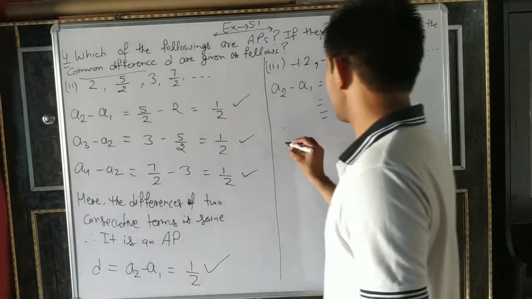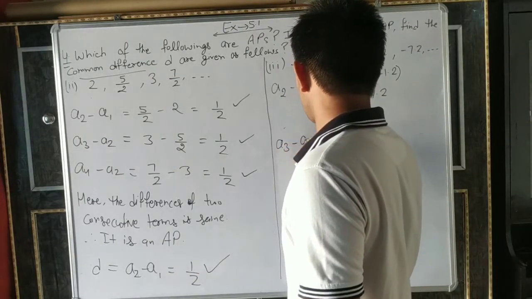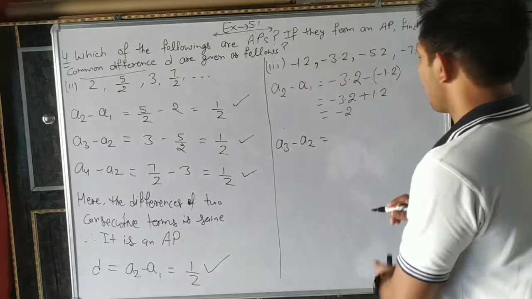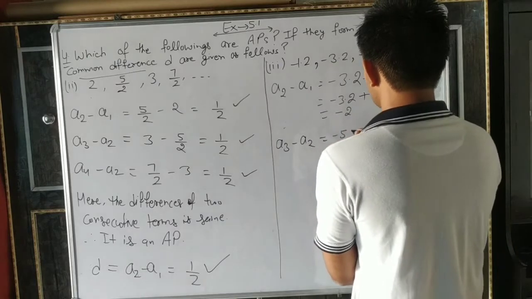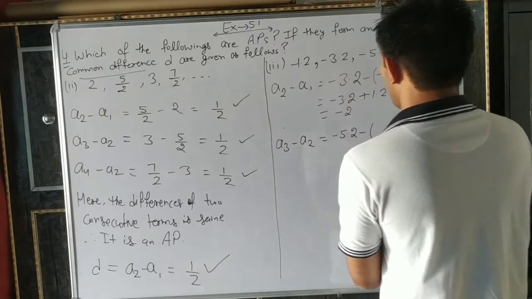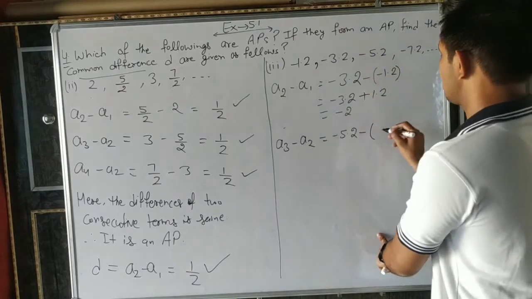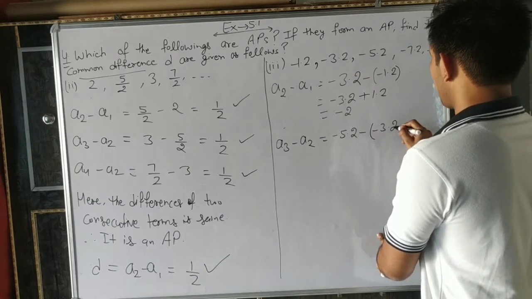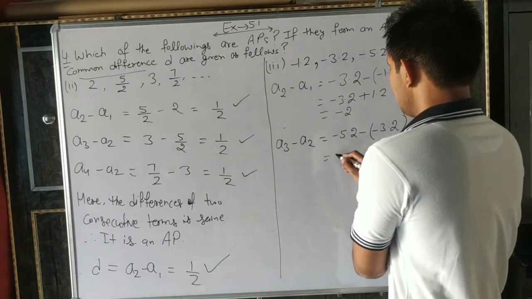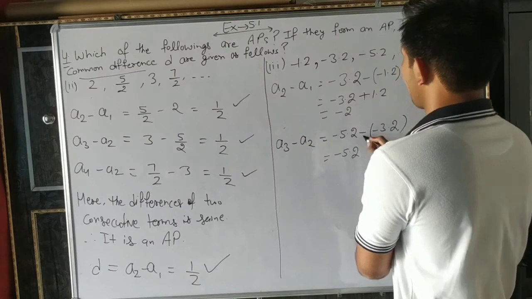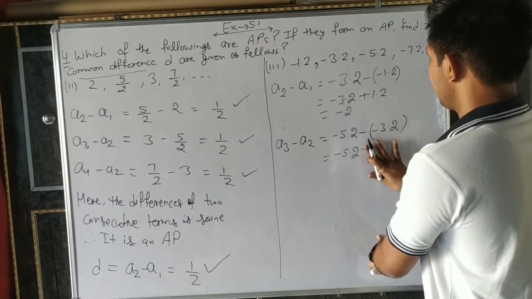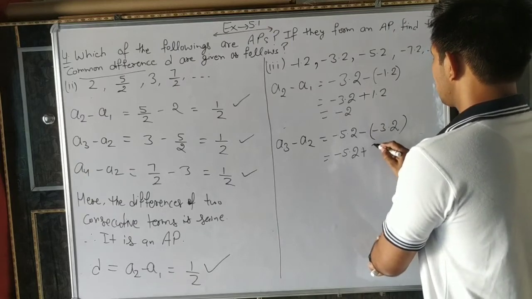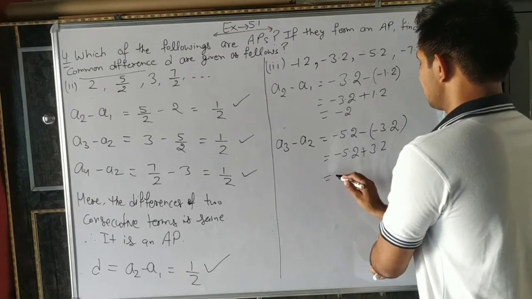Understand, dear? Same as it is a3 minus a2. a3 is minus 5.2, bracket, minus a2, which is minus 3.2. Negative into negative is positive, dear, so it becomes minus 5.2 plus 3.2, and the answer is minus 2.